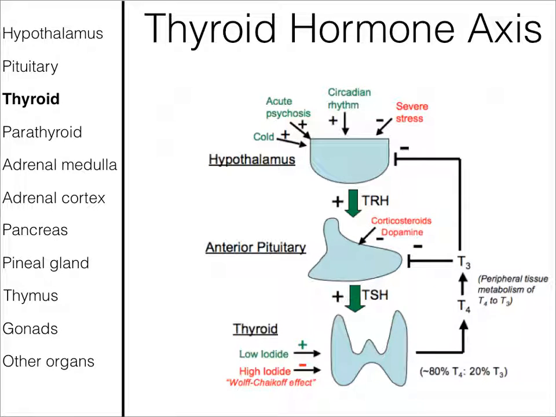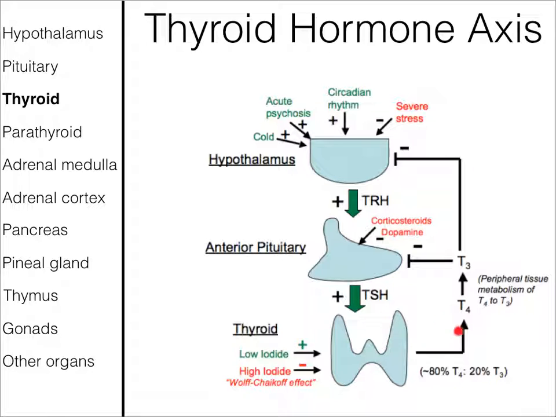Corticosteroids, which are stress hormones, and dopamine can also exert a negative effect on the anterior pituitary, resulting in less thyroid-stimulating hormone production.